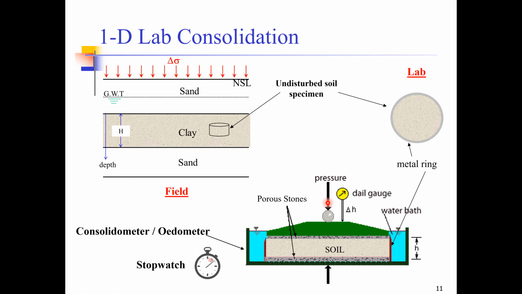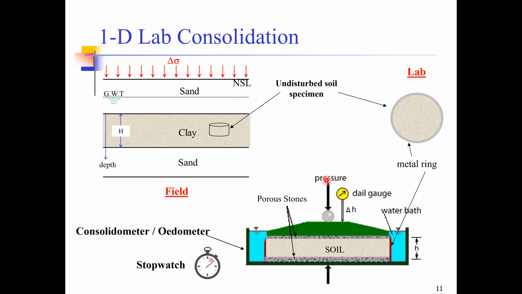As soon as we increase the load to 40 kilopascals, we again start the stopwatch and start noting the dial gauge readings at 1, 2, 3, 5, 30 minutes and 1 hour, etc. And we keep noting these readings until the dial readings have stopped or 24 hours have elapsed. So each loading increment that we apply is maintained for 24 hours.